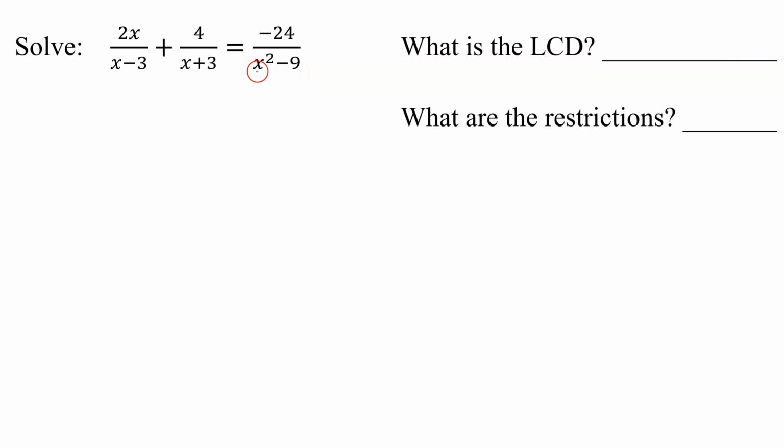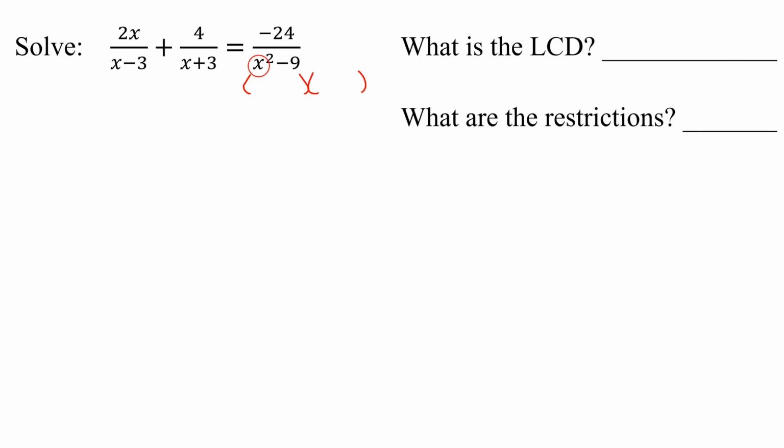There's no common factors between x squared and 9. And how many terms do I have? 2 terms. The first term is a square, the last term is a square, and it is the difference of 2 squares. So remember, the difference of 2 squares always factors into 2 binomials.